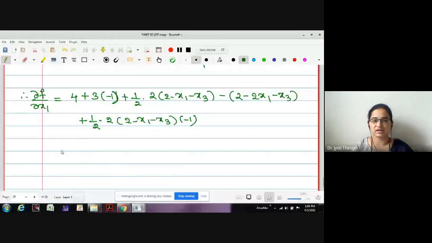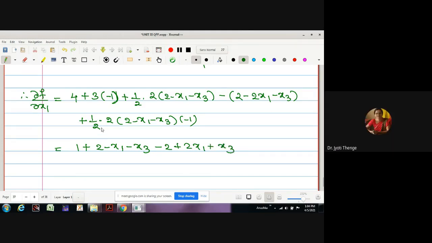First we will simplify and then we will put the value of the non-basic variables here. 4 minus 3 plus 2 minus 2x1 minus x3. Let us absorb the negative: minus 2 plus 2x1 plus x3. This half and 2 will get cancelled. With the negative sign, this gives me minus 2 plus x1 plus x3.